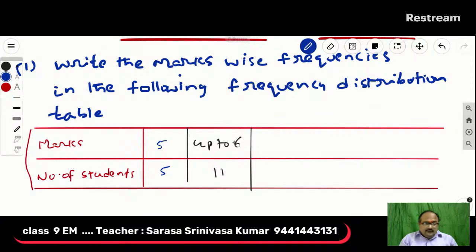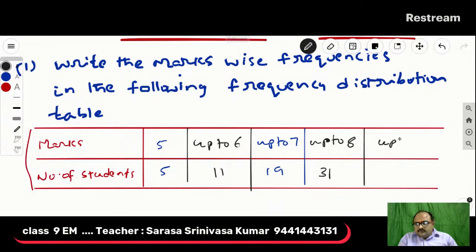Next up to 7 marks, there are 19 students. Up to 8 marks, 31 students.